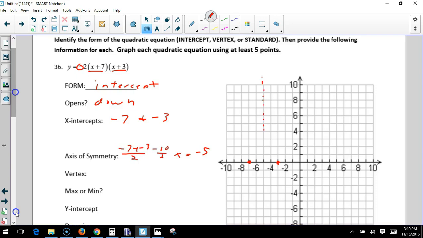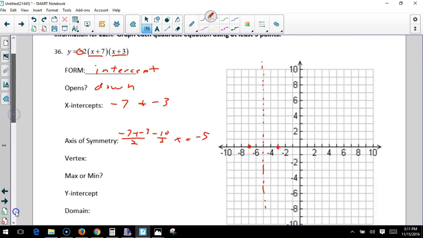So I put my dotted line right there on negative 5. Notice it's 2 spaces away either side. The vertex, I put the negative 5 back in here and here. Don't forget the negative 2 on the outside.